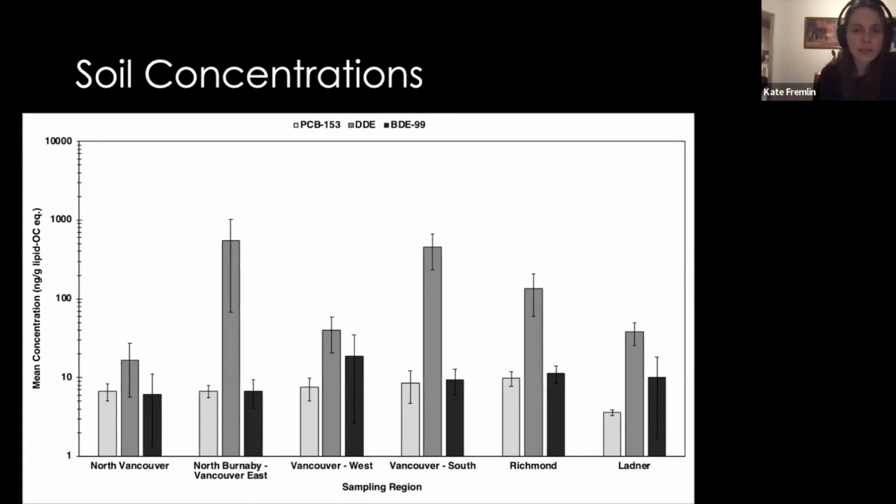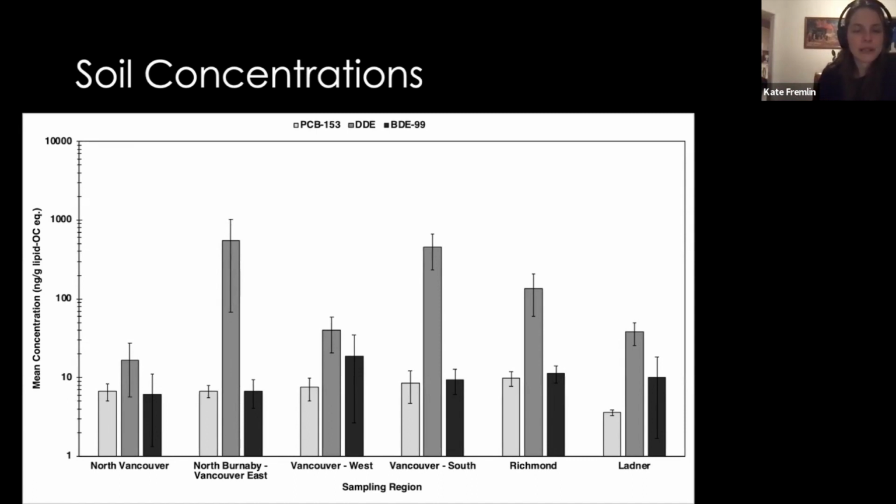So I would suspect that areas like Chilliwack or the Fraser Valley might also have higher levels of DDE in the soil, and thus probably up the food web because of using it in the past out in the Fraser Valley.